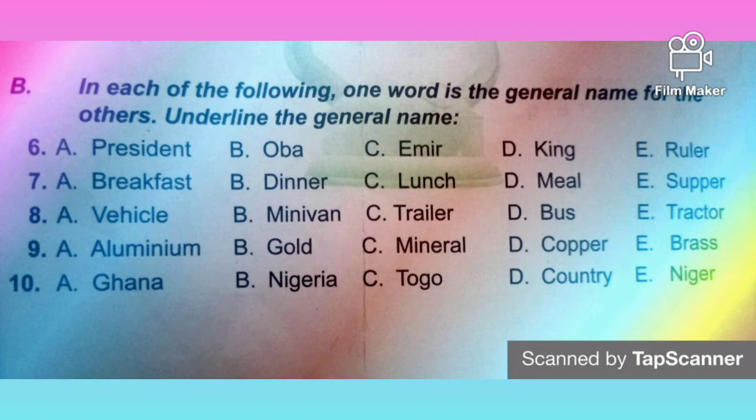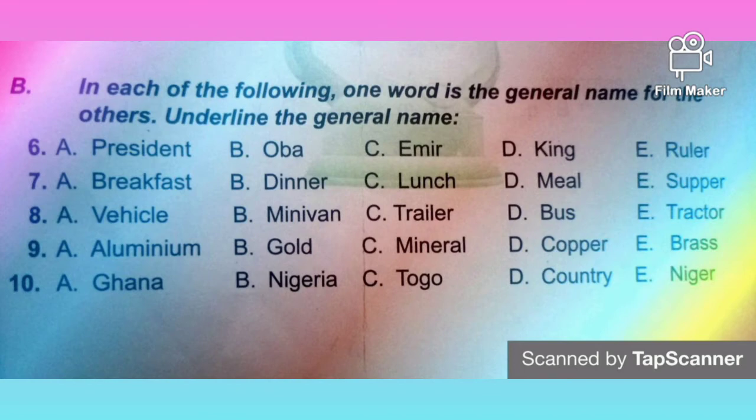All right, so let's go to the next one. Let's take number 10. We have A, Ghana. B, Nigeria. C, Togo. D, country. E, Niger. Okay, so you see all these words, Ghana, Nigeria, Togo, and Niger, they are all a country.